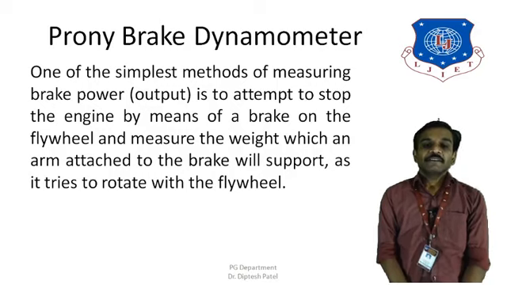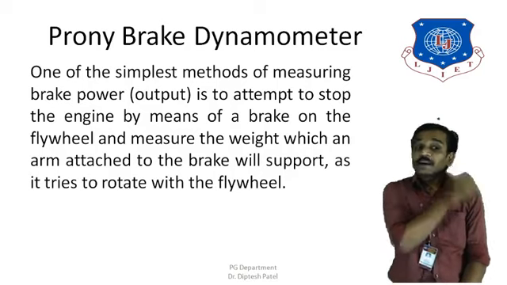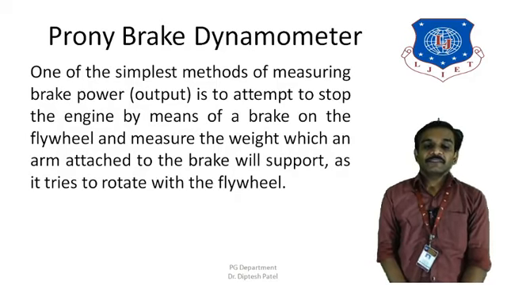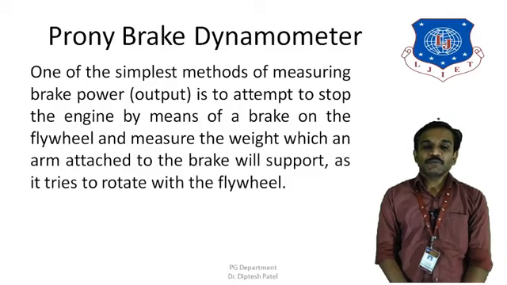So here we try to stop the flywheel with the help of the wooden blocks which are kept on the circumference of the flywheel, and then we measure the weight which is attached to one end of the arm of the Prony brake dynamometer, and then by using the formula, we can calculate the brake power.